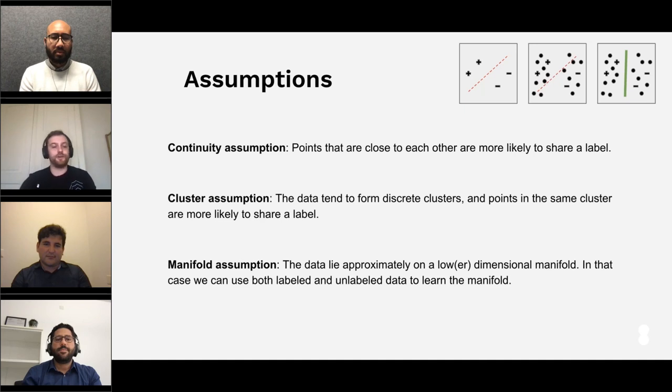And then the last one is called the manifold assumption. This is not directly linked to labels, but it says that your data probably lies approximately on a lower dimensional manifold, and that you can use all the data, even if it doesn't have labels, in order to learn that manifold. Conceptually, you can think about the space of all possible images of a given dimension.